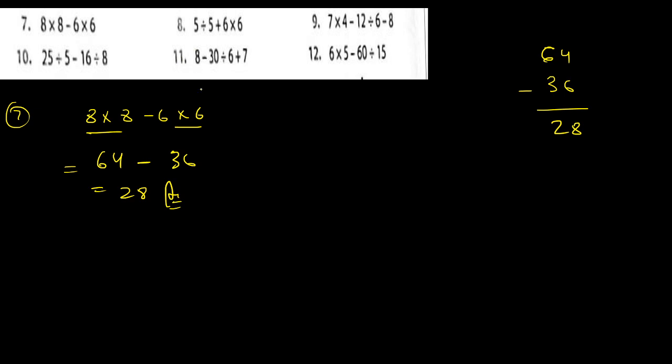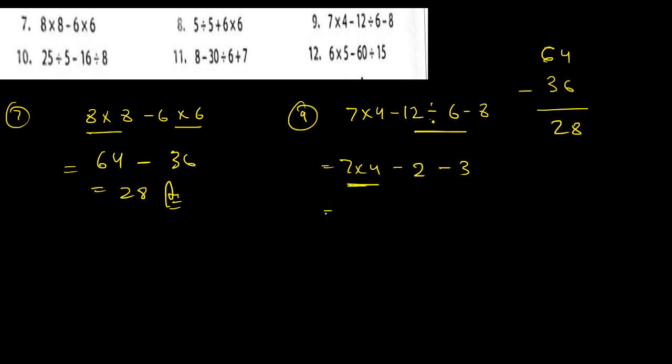Okay. Next question number 9. 7 multiplied by 4 minus 12 divided by 6 minus 8. So first you will do division. So 7 into 4 minus, 6 2s are 12, so you will get 2 minus 3. Then we will do multiplication. So 7 into 4 is 28 minus 2 minus 3. Now 28 minus 2 is 26. 26 minus 3.